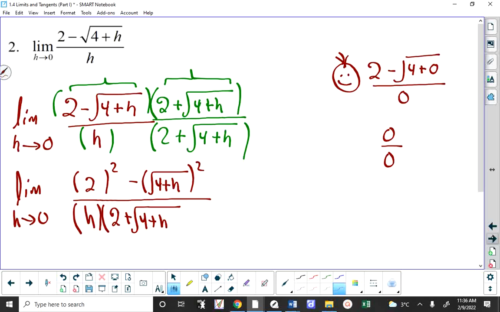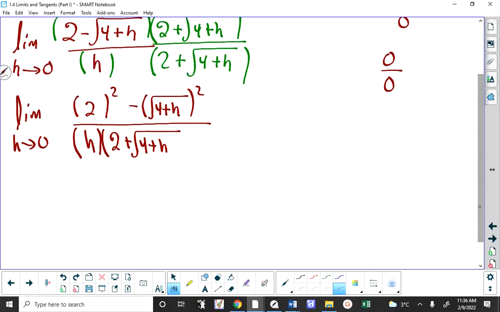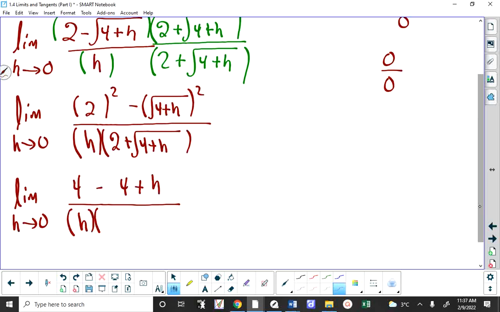And again, I don't think a lot of us need to write that. Many of us would have just written here the limit as h approaches 0 of 4 minus 4 plus h over the factor of h and the factor of 2 plus root 4 plus h. Now, if you wrote this, you lost a mark.